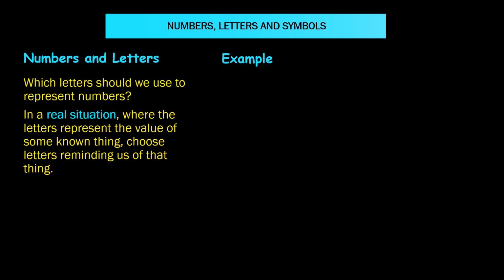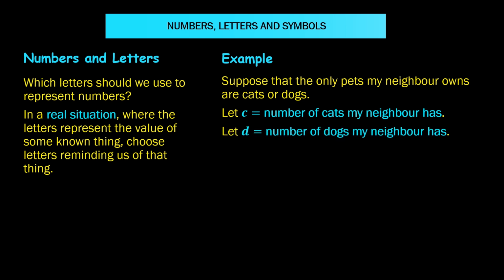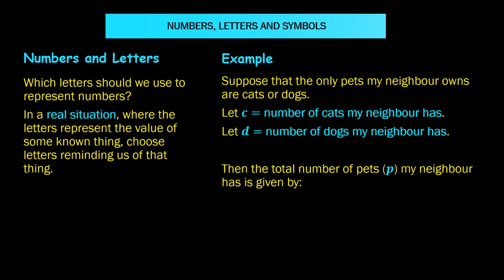Let's now take a look at a more involved example. Suppose that the only pets my neighbour owns are cats or dogs. Let C equal the number of cats my neighbour has, and let D equal the number of dogs my neighbour has. Then the total number of pets, P, my neighbour has, is given by P equals C plus D, so the number of cats plus the number of dogs.